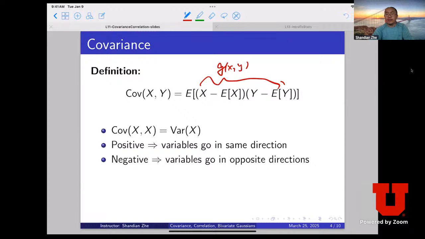Then we take the expectation of this function of X and Y. Any question regarding the definition?